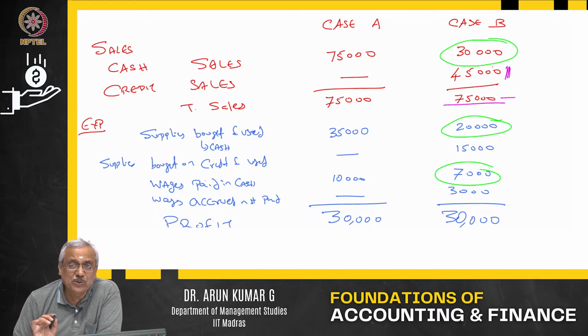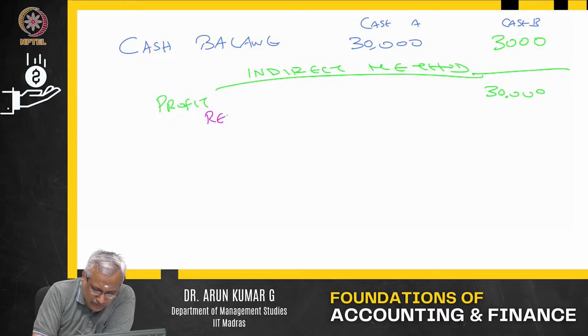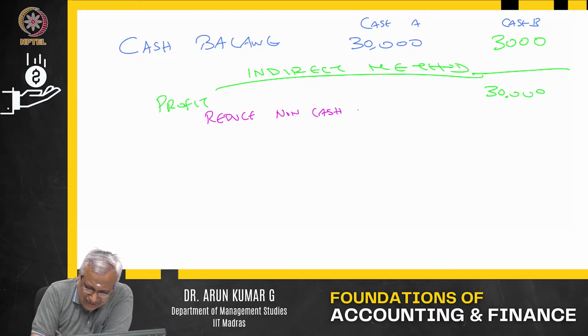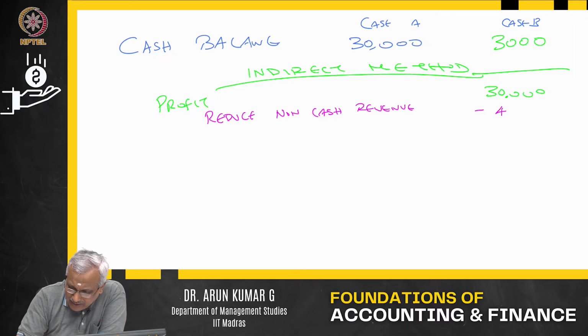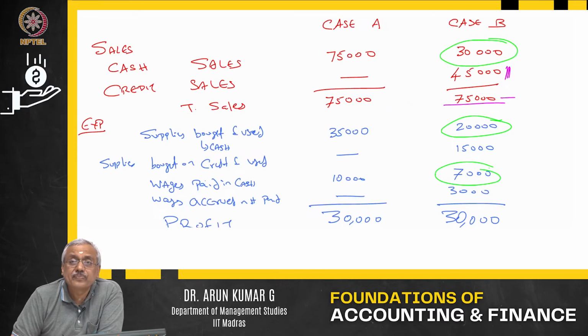So what should I do to know the cash balance? I should exclude it, so I reduce the non-cash revenue, that is 45,000. Now I go back.